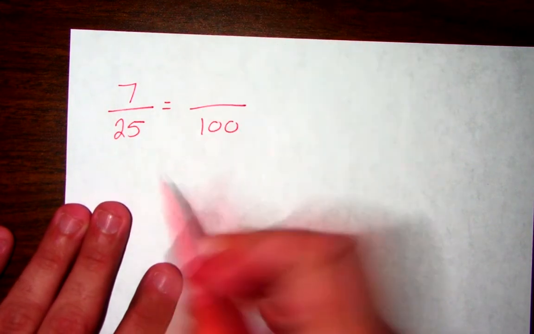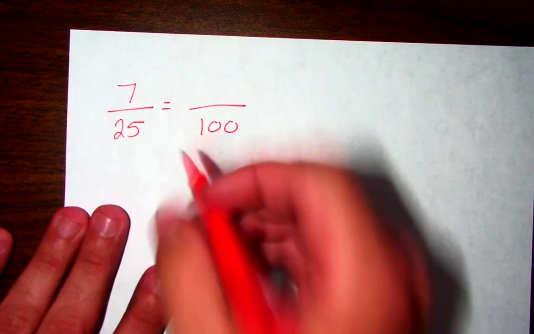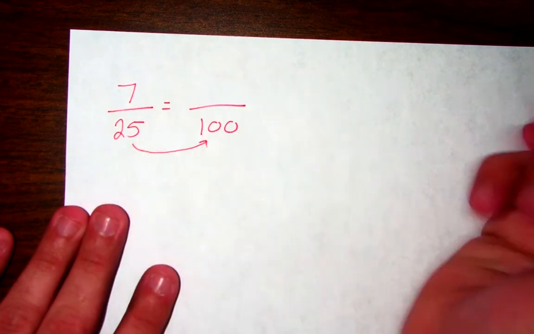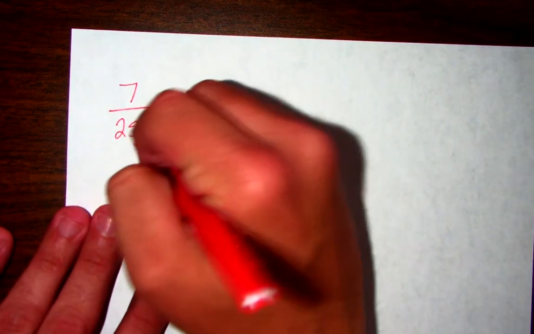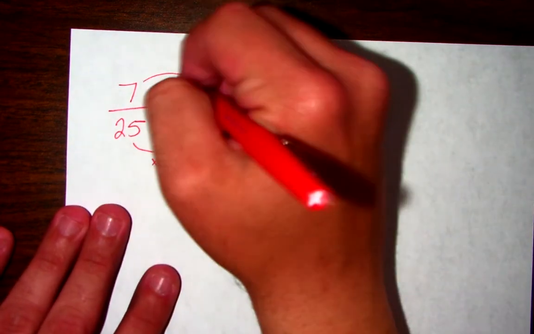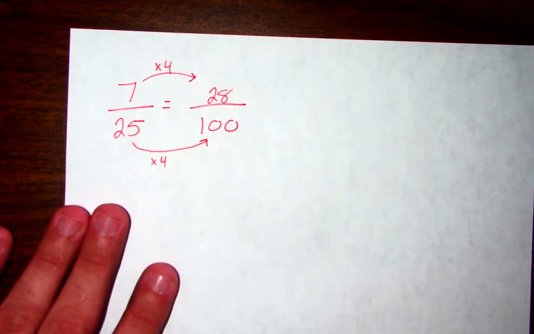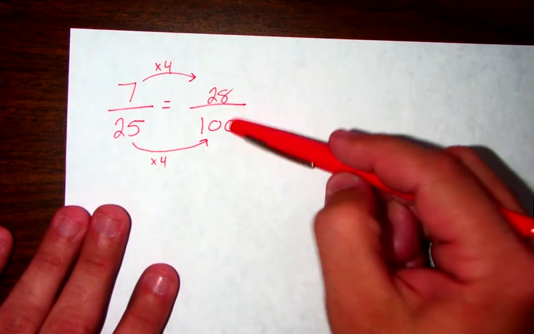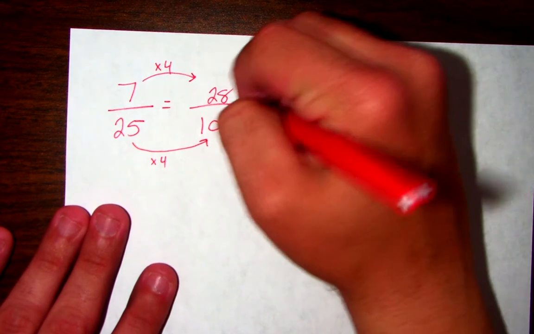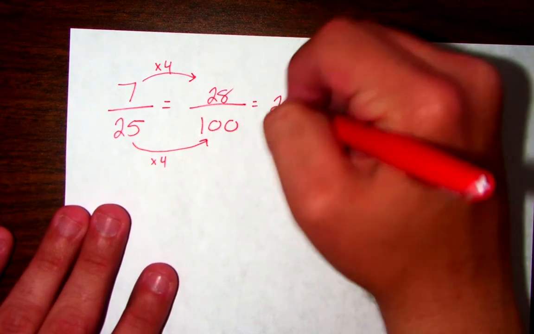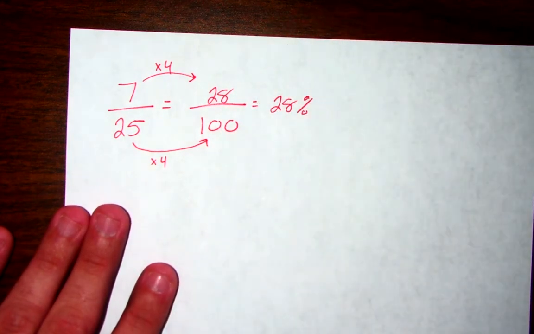To get from 25 to 100, what did you multiply by? Multiplied by 4. So 7 times 4 would be 28. Now we have 28 over 100. As a percent, that is just 28%. You're done.